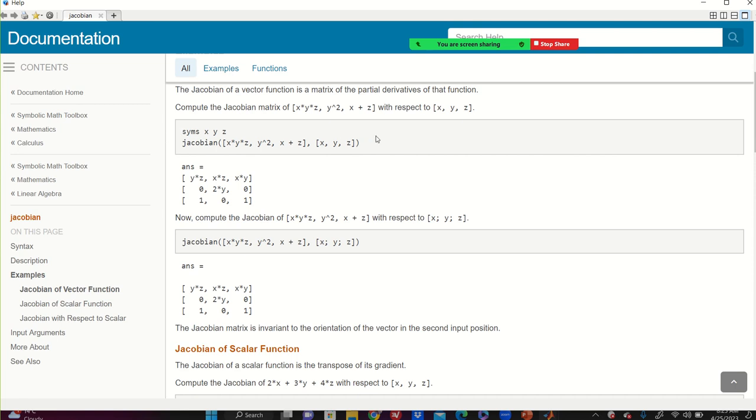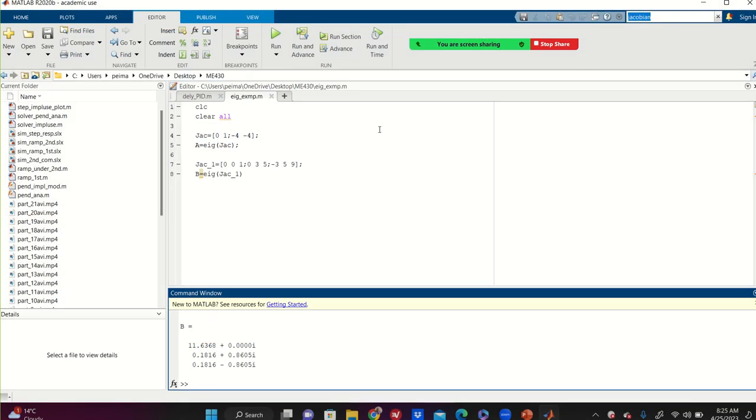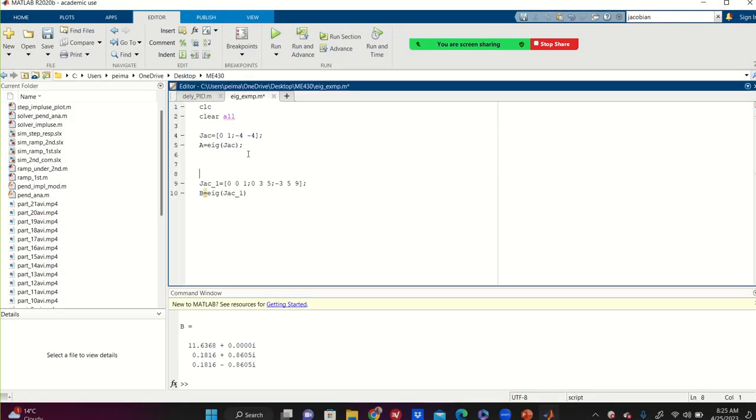Let us do that together for the example that I have done. Okay. Jacobian works with symbolic variables in MATLAB. Look here, guys. I'm just copying and putting it here. I'm going to say M1, as we did, and M2 for our system. Our parameters to make a Jacobian are M1 and M2 for the second order system.